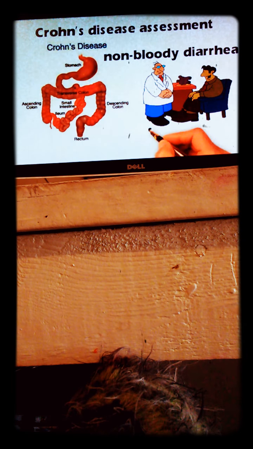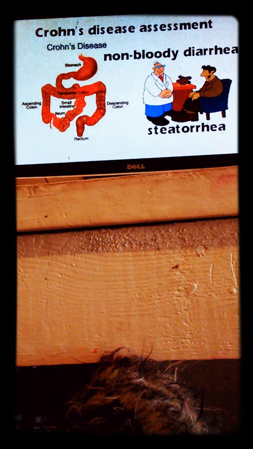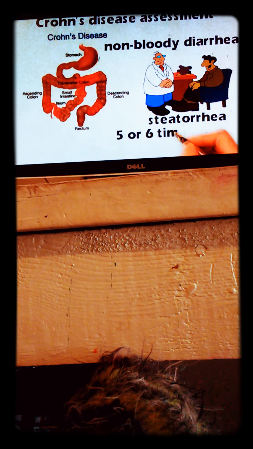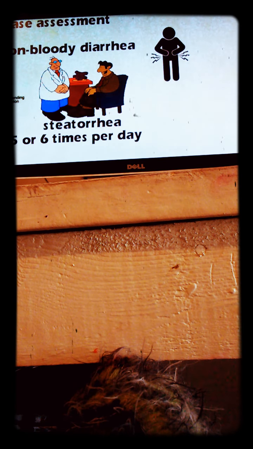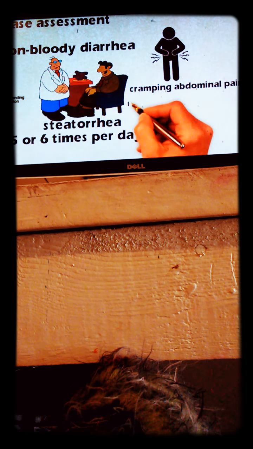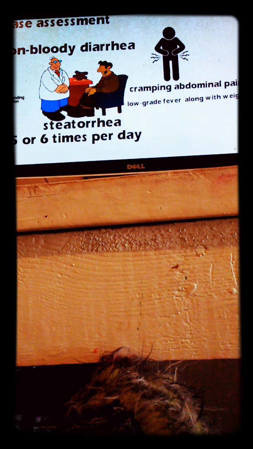Patients with this condition often produce loose stools that contain large amounts of fat due to malabsorption, which is termed steatorrhea. This can occur up to 5 to 6 times per day. They may also experience cramping abdominal pain. A lower grade fever may also occur, along with weight loss.